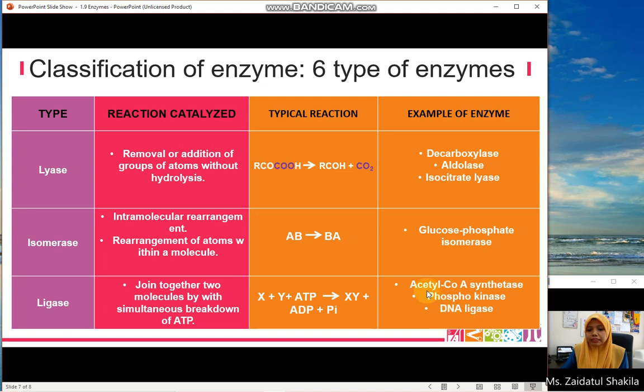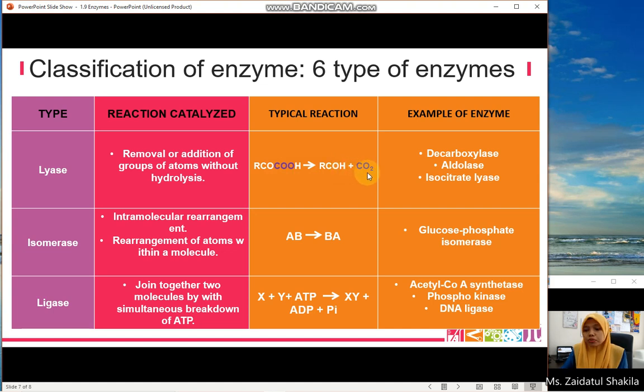The next class of enzyme is lyase. Lyase is involved in removal or addition of groups of atoms without hydrolysis. So there is no addition of water. The groups of atoms are being removed or added in that substance. For the typical reaction of lyase, look at the example: RCOCOOH becomes RCOH plus CO2.